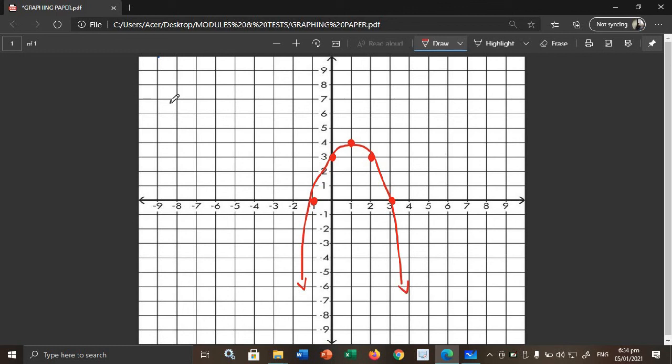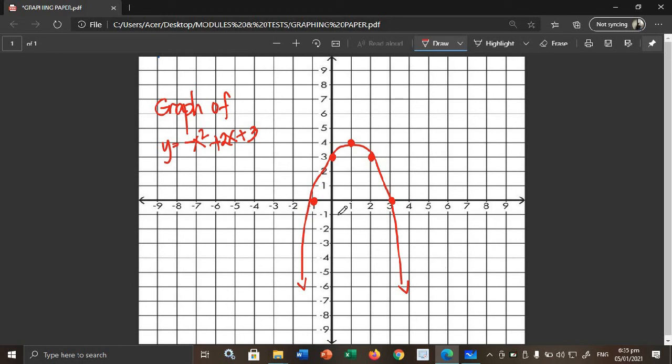So this is the sketch of the graph. The graph of the given quadratic function in standard form. So negative x squared plus 2x plus 3. So that is the graph of y is equal to negative x squared plus 2x plus 3.